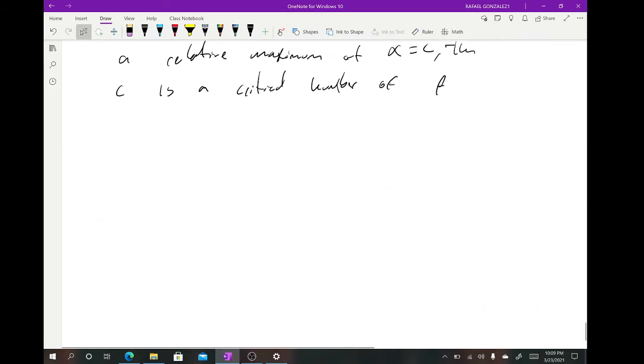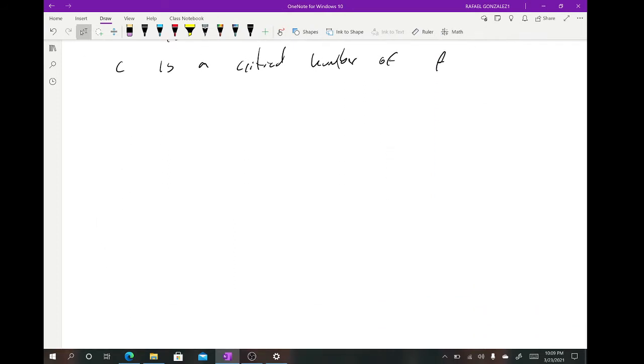All right, let's finish off this section, this lecture, by doing some more examples of how to find extrema on closed intervals. So first of all, I'm going to give you some guidelines for finding extrema on a closed interval.